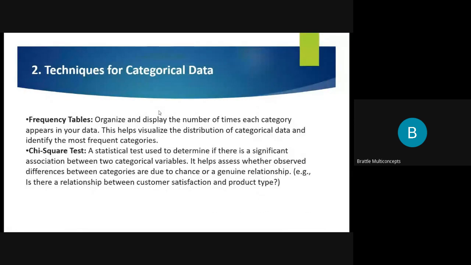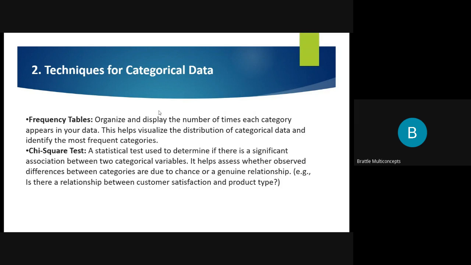So we also have categorical data. Categorical data can also be analyzed in various ways. We can use frequency table and chi-square test. The frequency table is a way whereby you organize your data and you see them by category, like I mentioned earlier, where we have the category, this product, that product, and we're able to compare them.